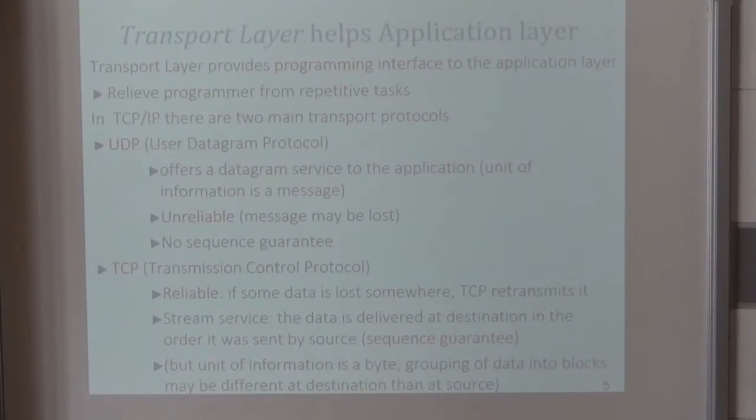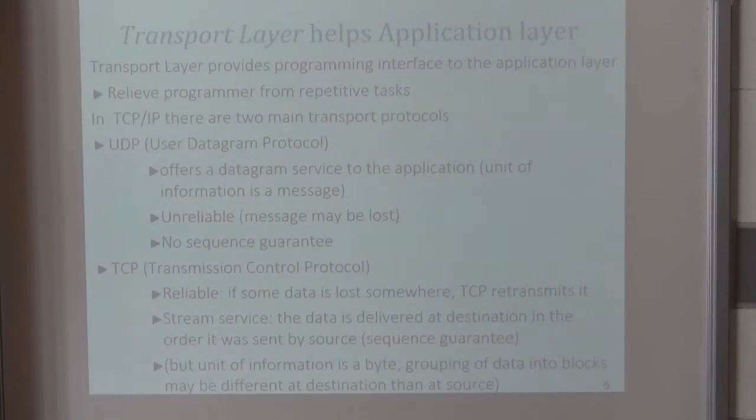The transport layer is the simplest, the minimal way of accessing the network service from the viewpoint of a programmer who is developing an application. If you write some application, the standard way is to use what is called the service of the transport layer.